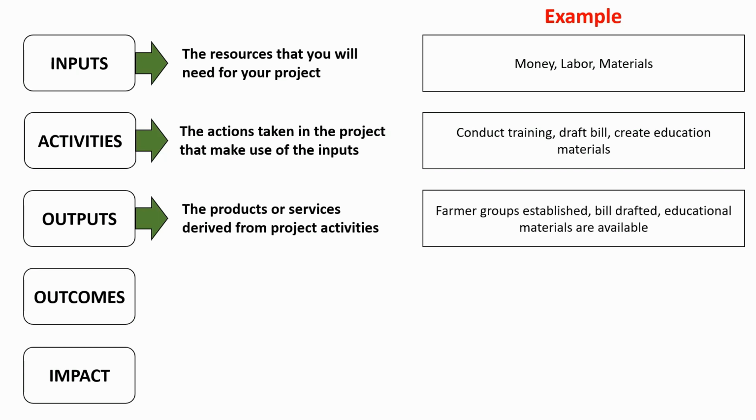And this is things like a farmers group is established, a bill is drafted, like I said a few minutes ago, education materials are produced, a curriculum is available. And remember, these are all products. So farmers group established. The product in this case is a farmers group. This is something that's new that we've created that was not there. A bill drafted. The bill is our product. It's our good.